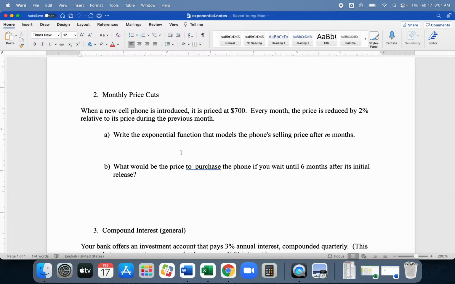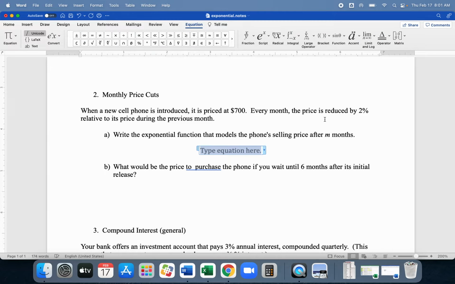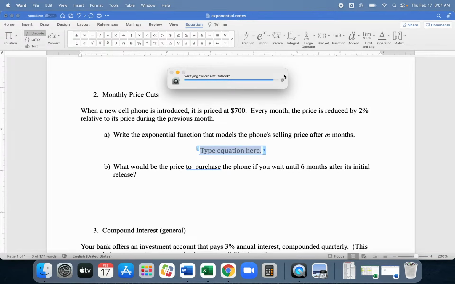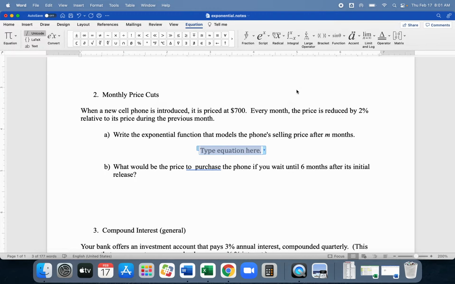For the monthly price cuts on the cell phone, just reviewing what we did already, we started at $700, and there's a 2% price cut per month. So, let me just put in my silly equation editor here. So I wanted to write an equation, but apparently I need to be verified.